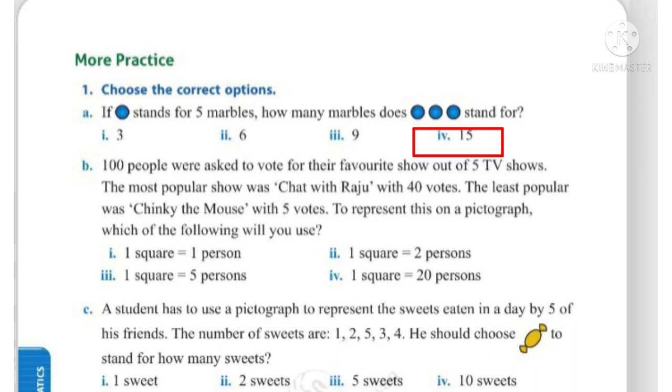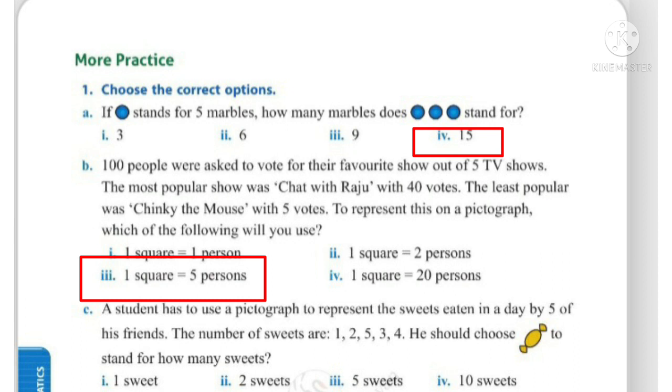Okay, children, on the basis of data given in our question, we can take one square as 5%. As it is given, the least popular show with 5 votes, which means we can take 1 square equal to 5%, which is the third option is the right answer.